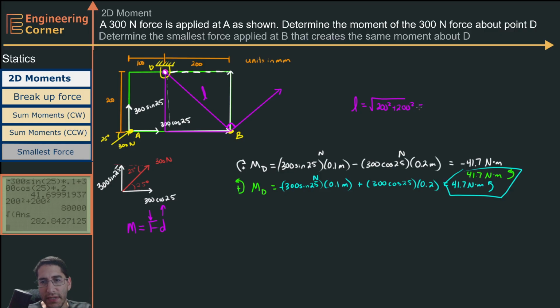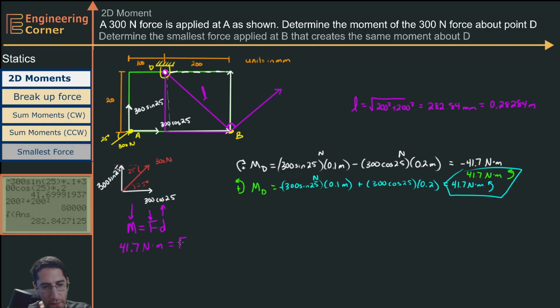So my length is equal to 282.84 millimeters, which is equal to 0.28284 meters. So now we know what our moment is. We're trying to get the moment of 41.7 Newton meters.